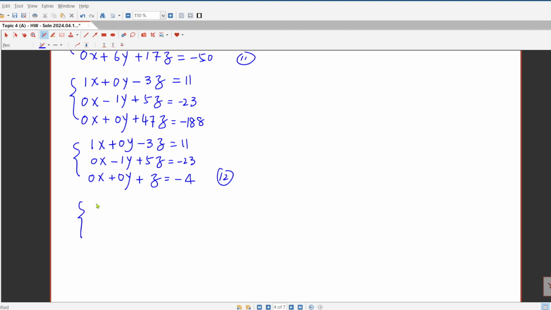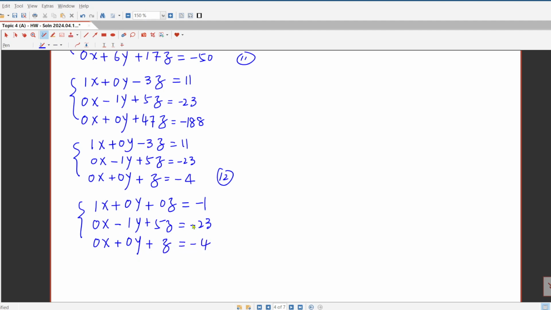This will give us 1x plus 0y plus 0z equals -1, and 0x minus 1y plus 5z equals -23, and 0x plus 0y plus z equals -4.